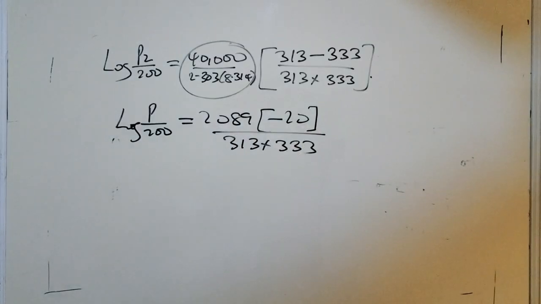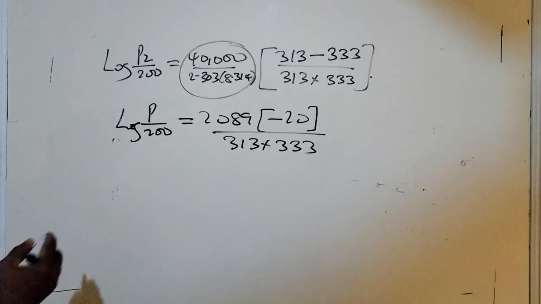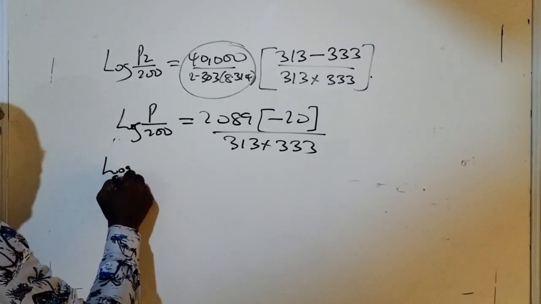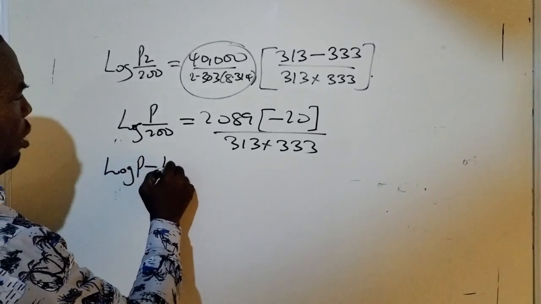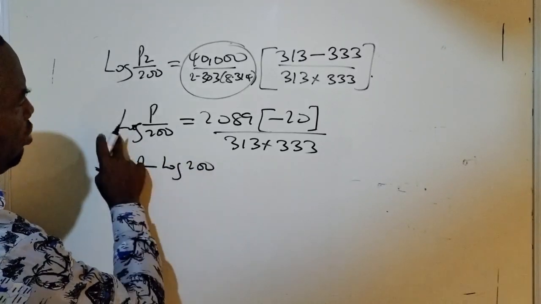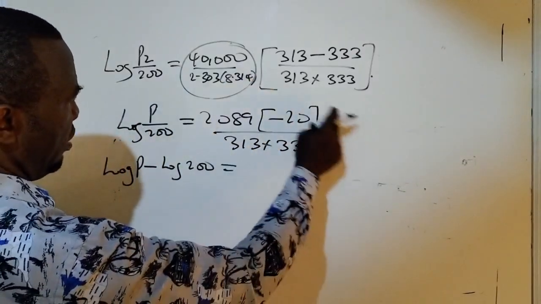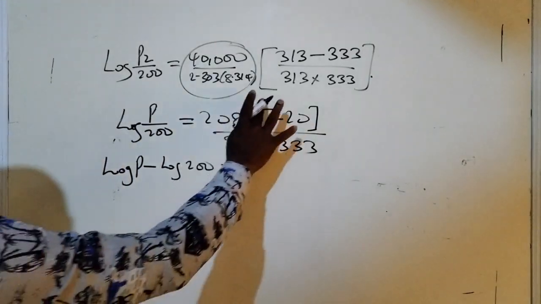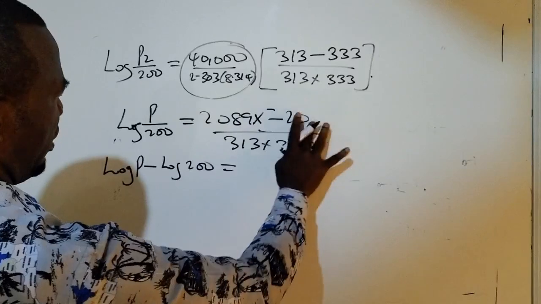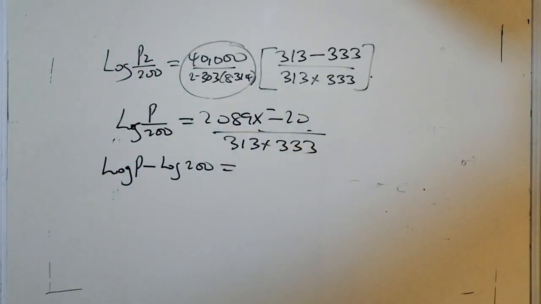So we move further. On the other side, we can separate the log: log P2 minus log 200, separating the numbers into different logs to base 10. We now evaluate this side: 2089 times minus 20 divided by 313 times 333.